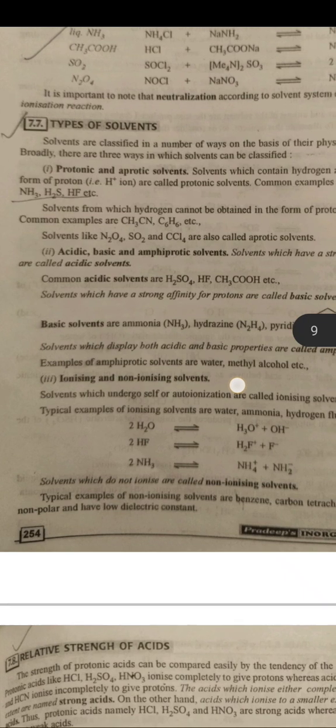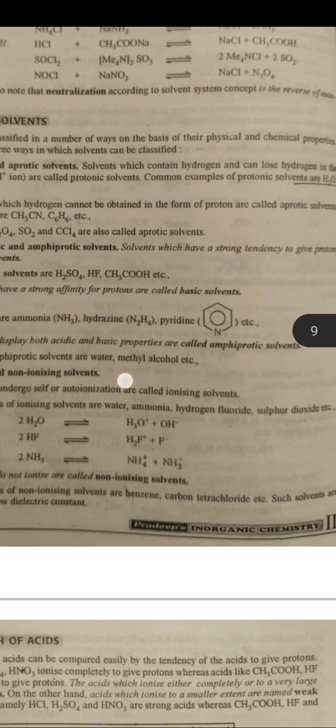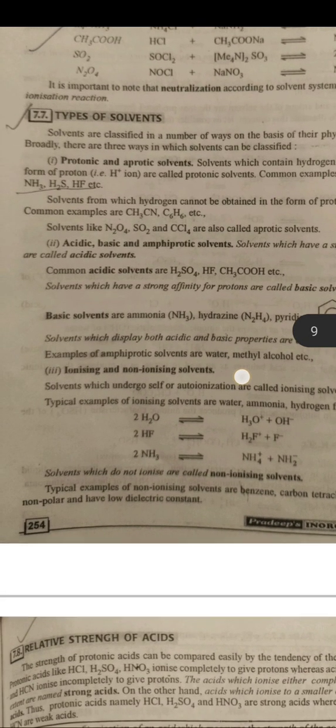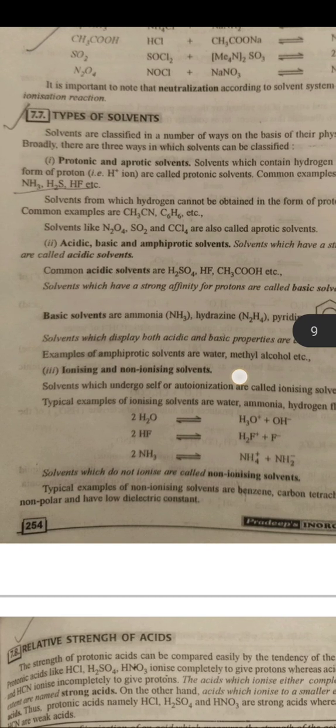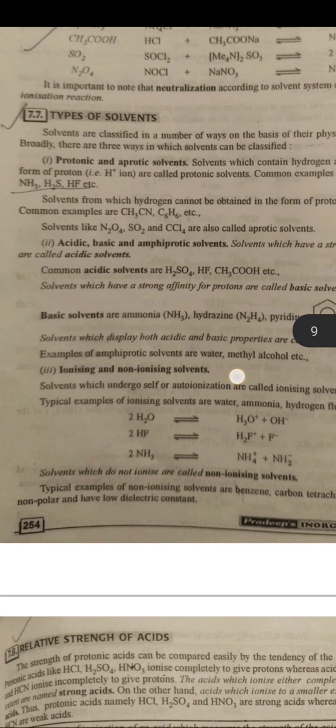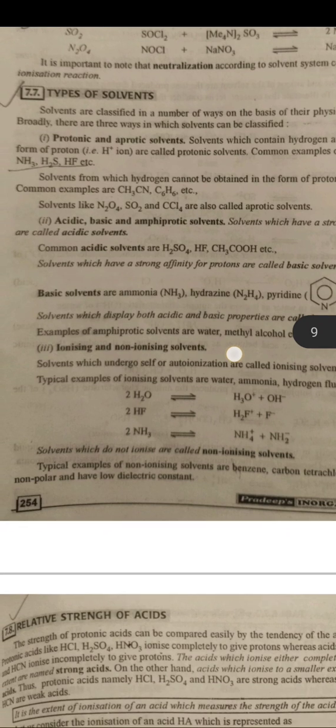Second statement is acidic, basic and amphiprotic solvents. Solvents which have a strong tendency to give protons are called acidic solvents. Common acidic solvents are H2SO4, HF, CH3COOH, etc. Solvents which have a strong affinity for protons are called basic solvents.